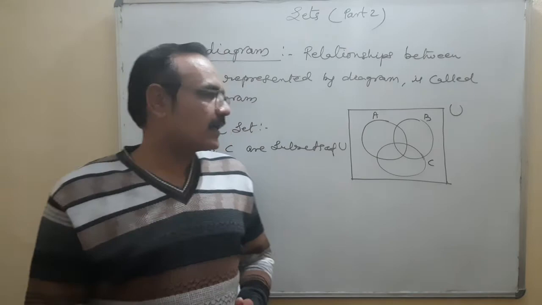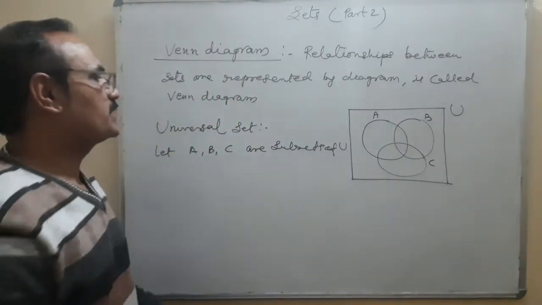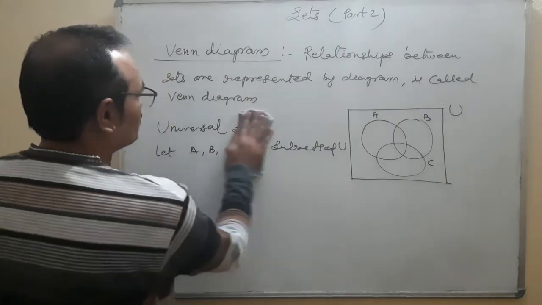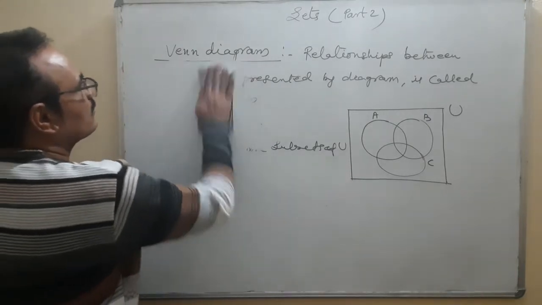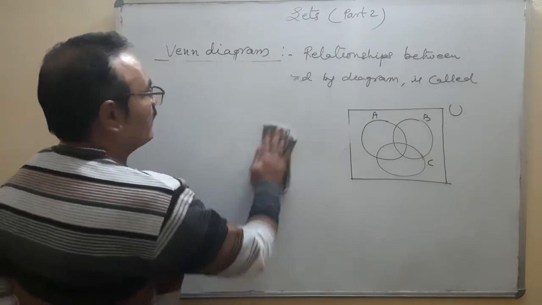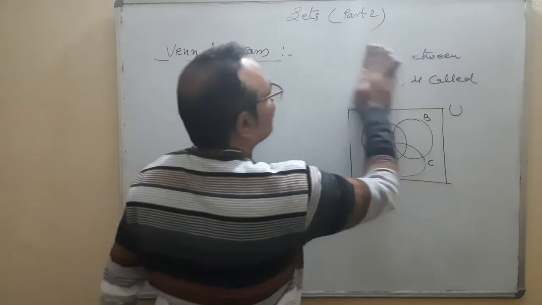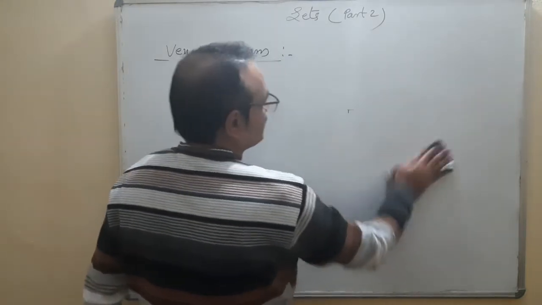So now by Venn diagram, we'll try to understand all the properties and operations, and many more things. You understood this? Now we are discussing union and intersection.